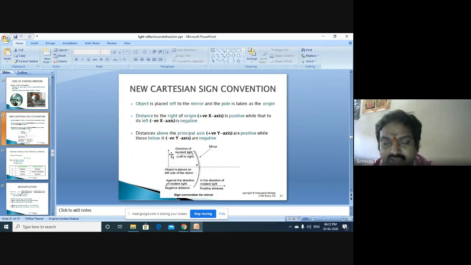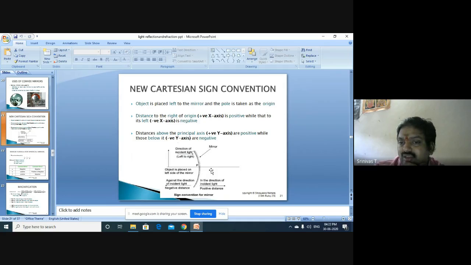That is the Cartesian sign convention: the left-hand side. Distance to the right of the origin, the positive x-axis, is positive, while distance to the left, the negative x-axis, is negative. This is the origin. Where exactly is the origin?